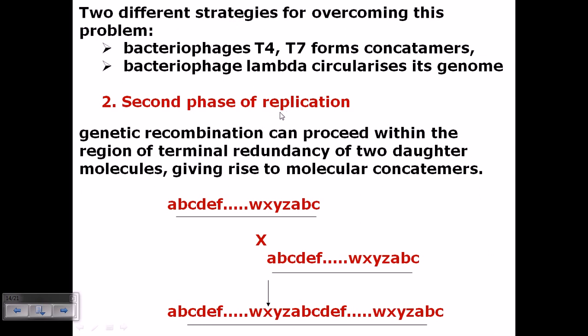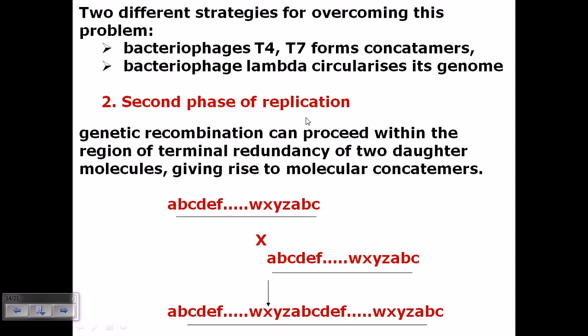If you remember, terminal redundancy means that at both ends we have the same type of genes. Let's begin with 1, 2, 3, 4, 5, 6, and after this gene 6 we have again 1, 2, 3. So at both terminals, we have the same genes repeated. This kind of terminal redundancy can help them block this kind of gene loss effect.